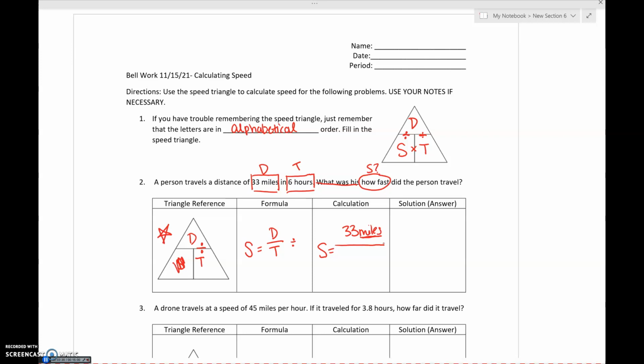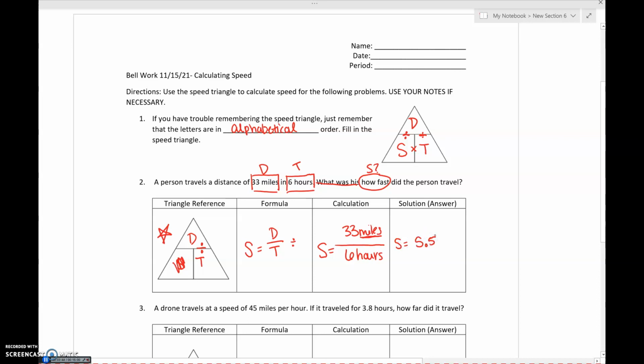And you need to make sure that you have the correct units for your answer in order to get full credit. Our time goes on the bottom, it's 6 hours. When we use our calculator, 33 divided by 6, we get an answer of 5.5. So speed equals 5.5.